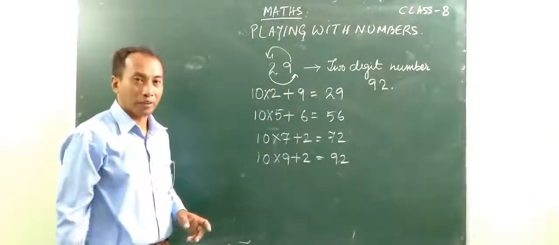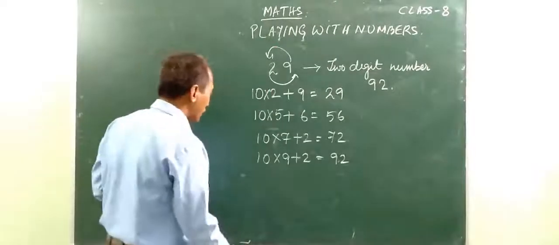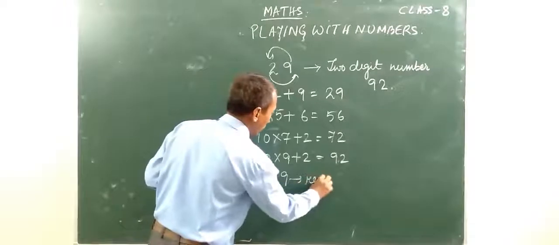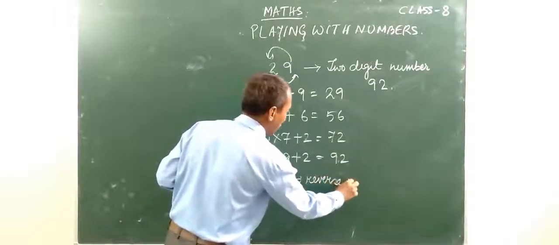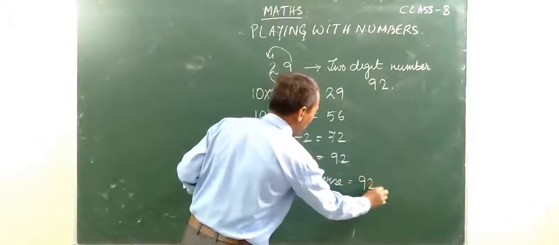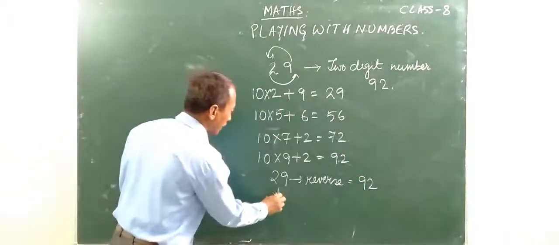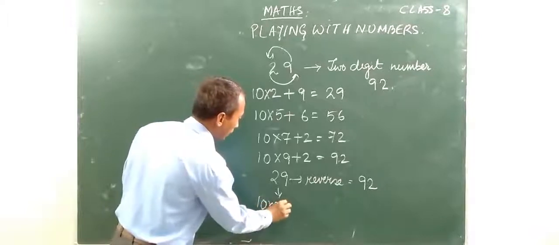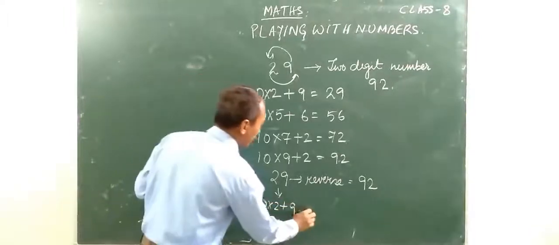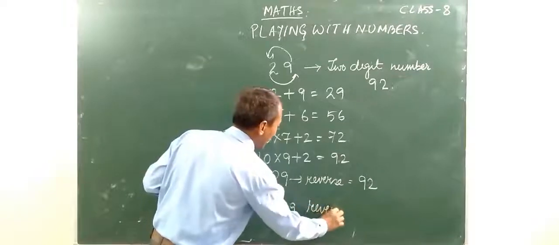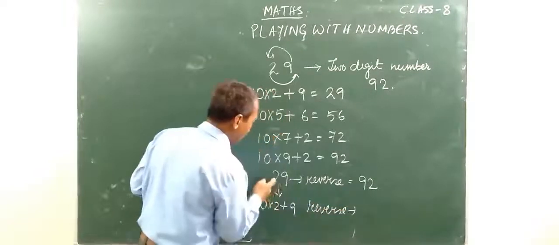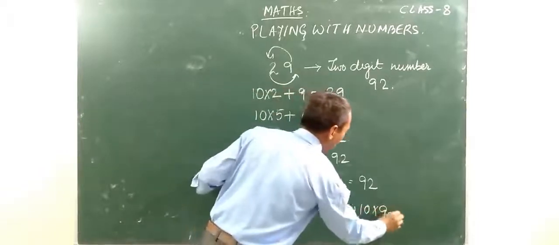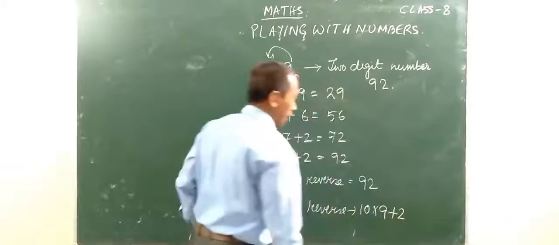Then it is the reverse. Let me repeat: 29 we get as 10 into tens place plus unit place. The reverse is 10 into unit place plus tens place.